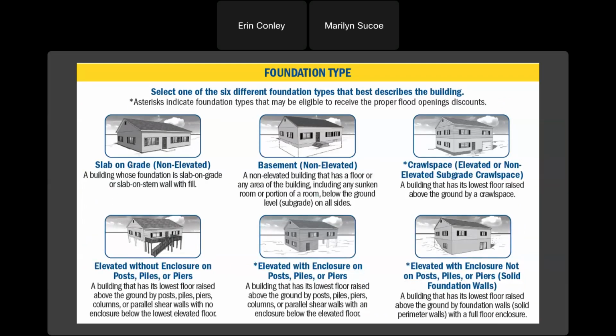Okay, foundation types. The new certificate has broken it down into these 6 foundation types. They've simplified it, and hopefully everyone should be able to figure out where a home fits into this, and I'm going to talk about this a little bit more when we get to the sections with the types.